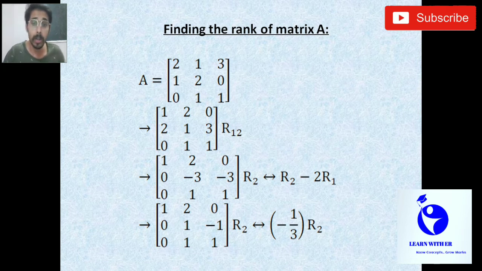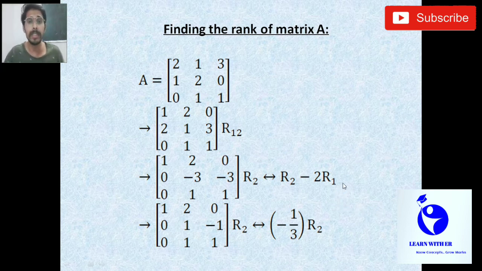So if you are not understanding how we are doing this, I will request you to watch that video again. So first of all, we have replaced row 1 with row 2. Previously row 1 was this one, now it becomes row 2, and previously this was row 2, so now it becomes row 1. This is the first replacement that we have done.